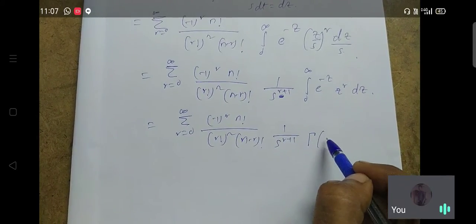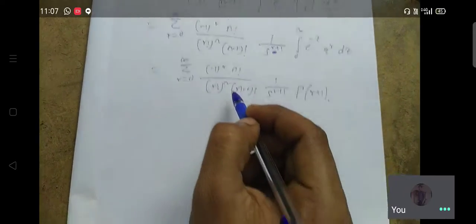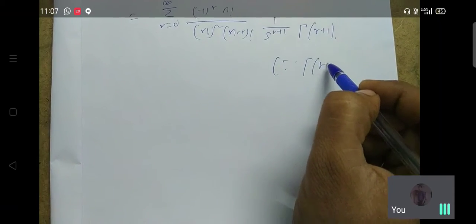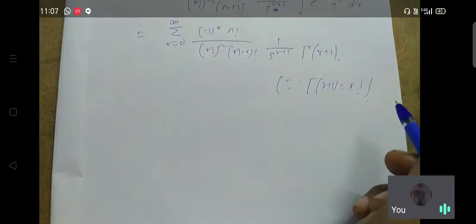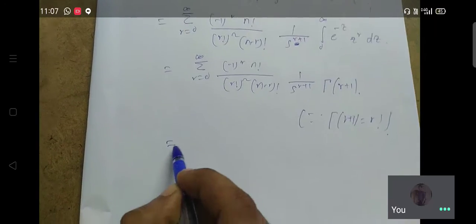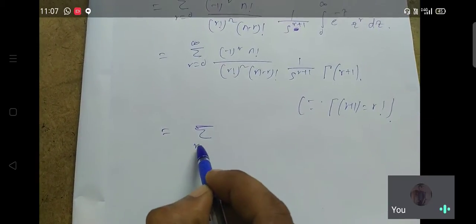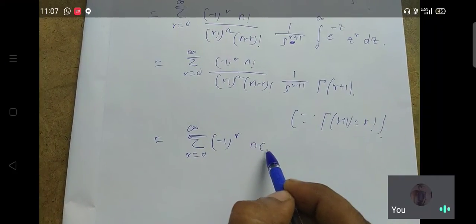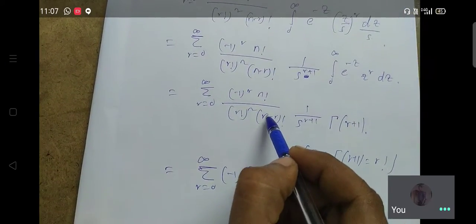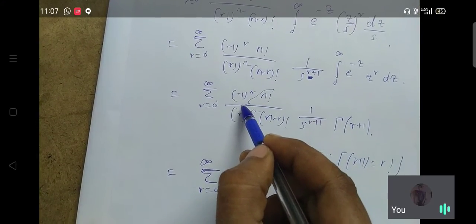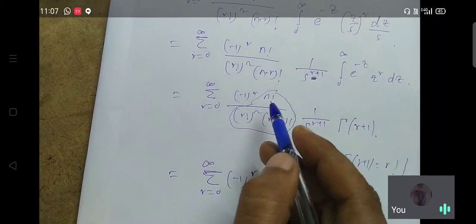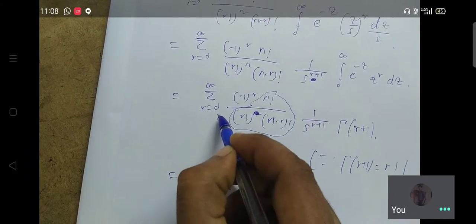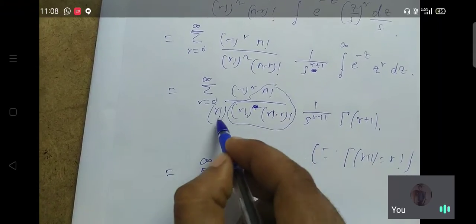Into gamma of r plus 1. So we know that gamma of r plus 1 is equal to r factorial. The term n!/((r!)^2 (n - r)!) is nCr divided by r!, and r! times r! means r! whole square.